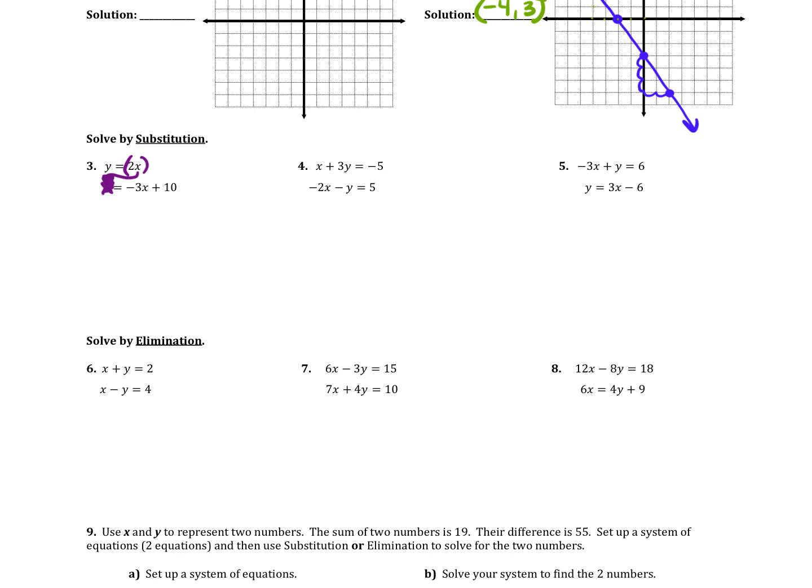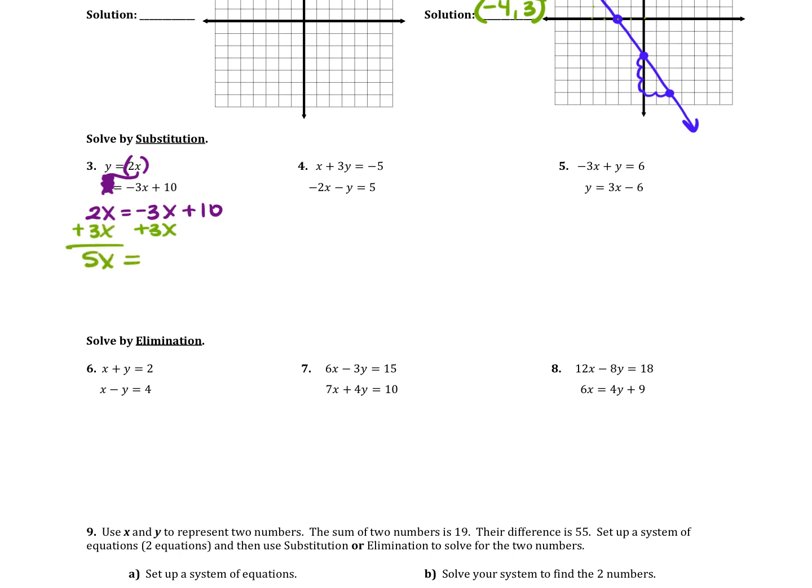So ditch the y, put in the 2x, and then just rewrite the rest of it. -3x plus 10. So now when we want to solve for x, we've got to get our x's together. So we add 3x. Okay, so this is 5x.